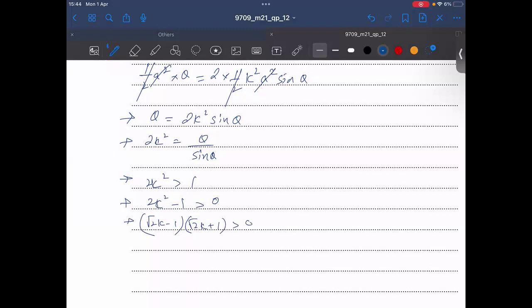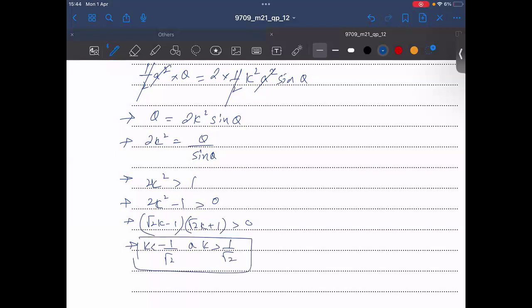Agreed or not, Mr. Imad Ahmed? Right. So I'm going to write down now the values of k: k is going to be greater than 1 over square root of 2, and less than minus 1 over square root of 2. Agreed?